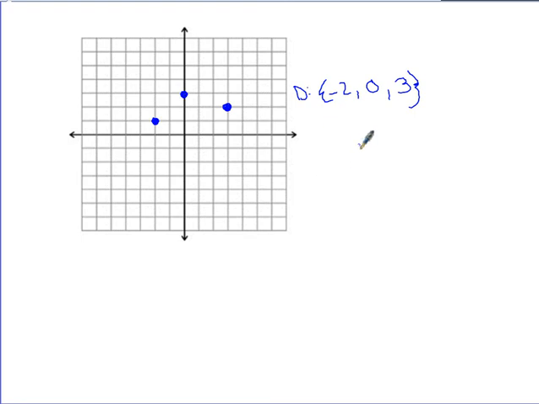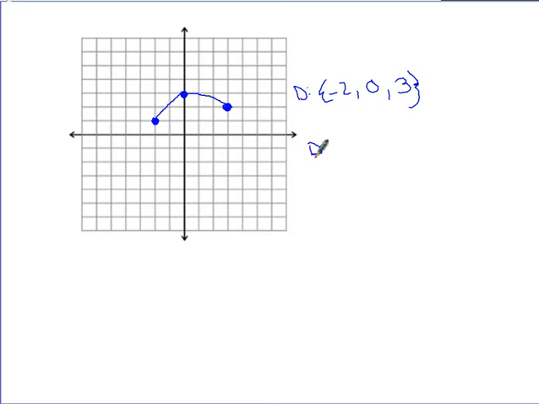Okay, now what happens to my domain if I decide to connect these points? Now my domain is not just -2, but it's -1.9, -1.8, -1.7, -1.6, -1, all of the points in between these two dots.